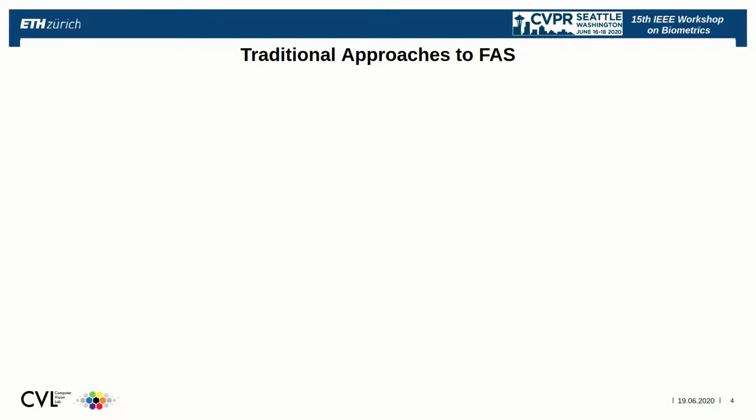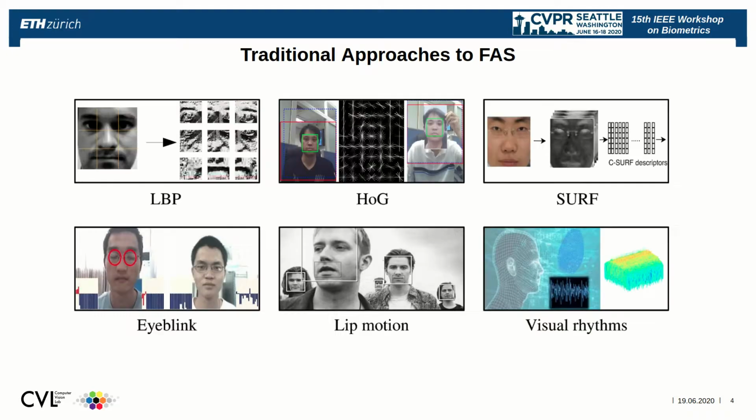Now let's have a look at the traditional approaches to face anti-spoofing. They rely on handcrafted features like LBP, HOG, and SURF to detect differences in textures between the live and spoof face images, or heuristics like eye blink, lip motion, and visual rhythms to identify regularities that are absent from the spoof attacks.